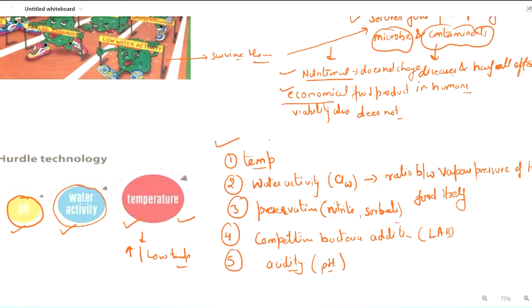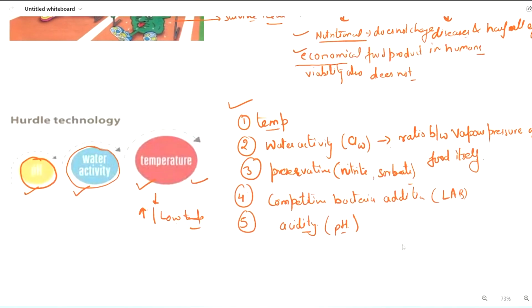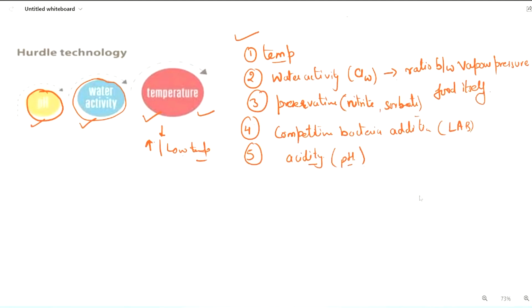So you can imagine that after going through so many hurdles, there is no chance that pathogenic microbes will survive. The ultimate purpose of hurdle technology is to kill pathogenic microbes and increase the shelf life of food material.